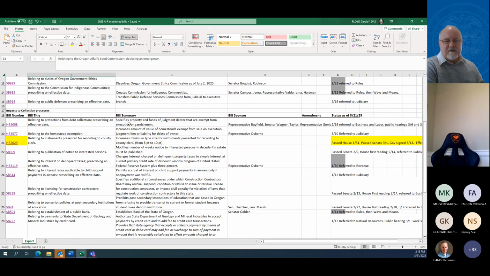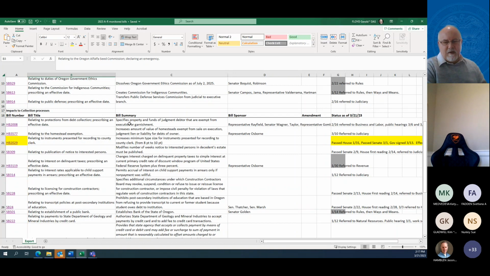There's other items that are included in that bill related to garnishment exemptions and executions. Not quite as much of an impact on state agencies. We don't typically go and seize jewelry and cars and so forth.